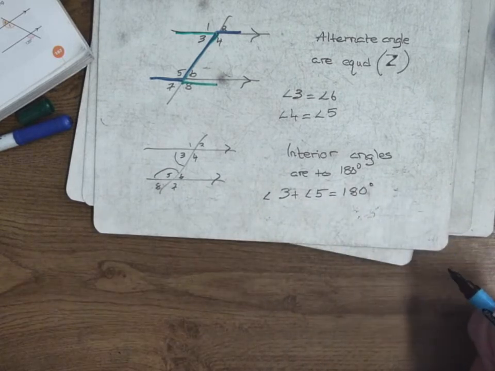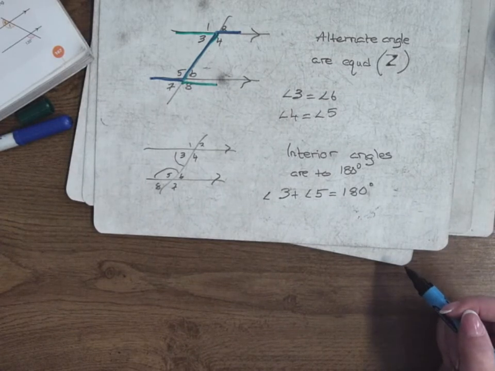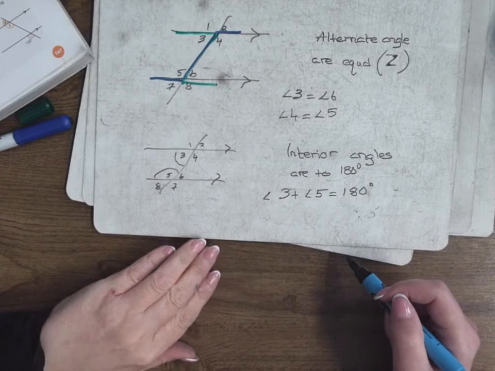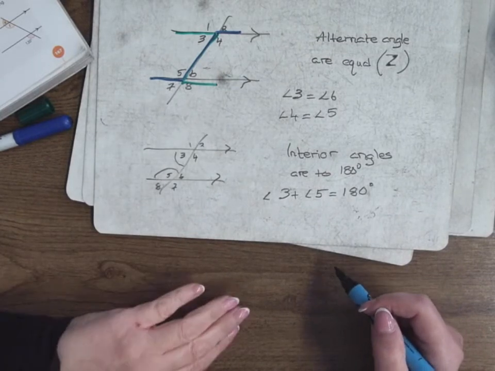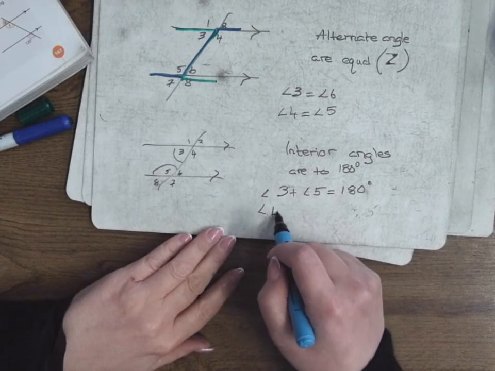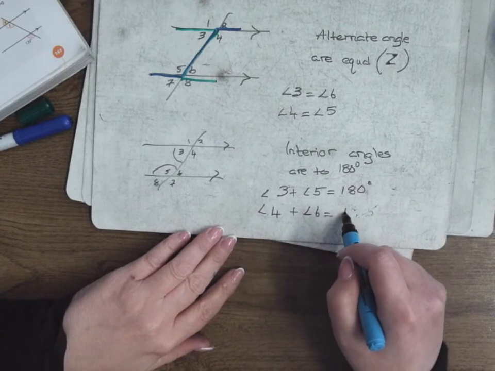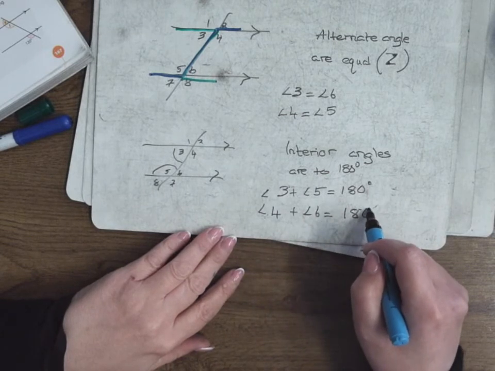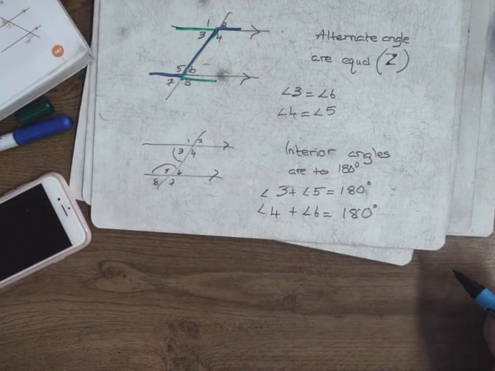And can I tell you, if you know alternate angles, you can get away without knowing this fact, but it's handy for shortcuts and stuff, right? On the other side, the interior ones on the right hand side, what would they be? Angle 4 and angle 6. So if you add 4 and 6 together, you also get 180 degrees. Okay?